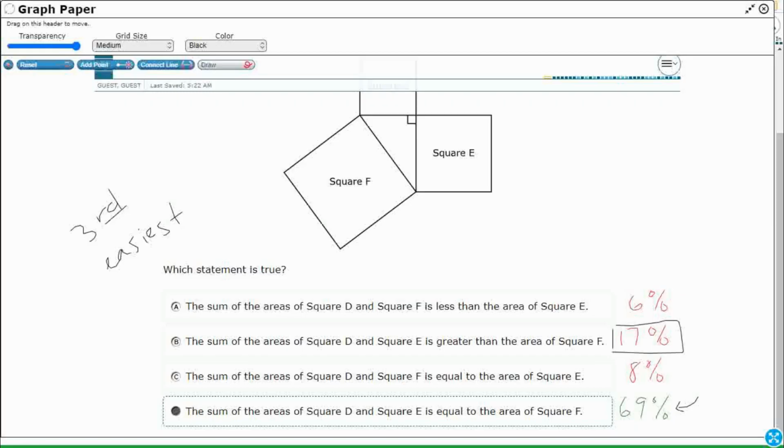Well, look, square D plus square E square F. That's exactly what we have down here. Square D, square E, square F, right? They know that it's this A squared plus B squared equals C squared. What's the issue? This one says greater, this one says equal.